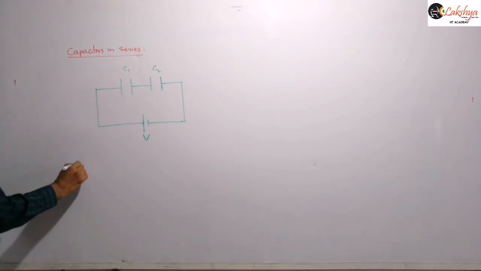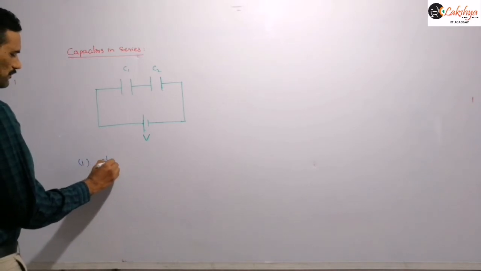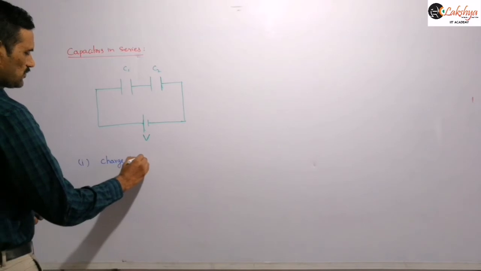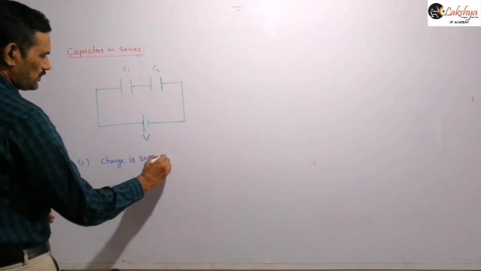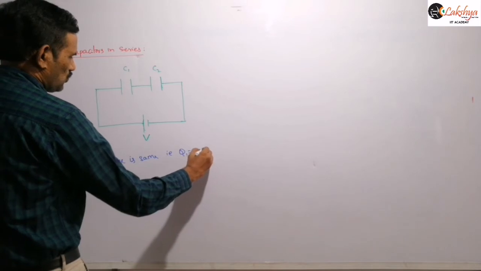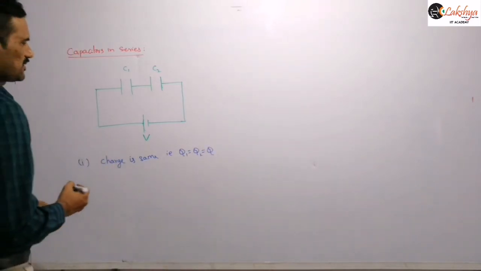Then here what we are concluding is that in series, charge is the same. So Q1 is equal to Q2 is equal to Q. Same amount of charge will be stored on each capacitor.